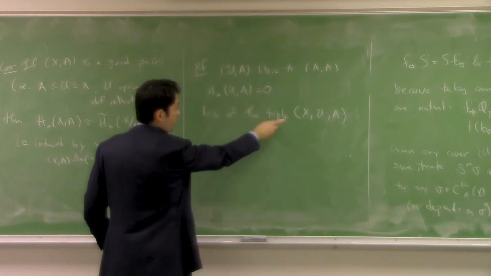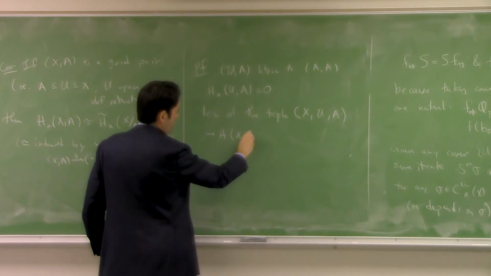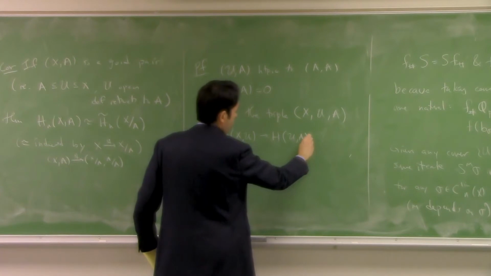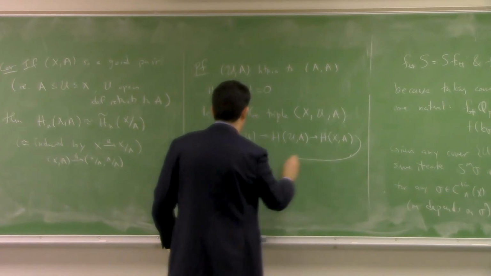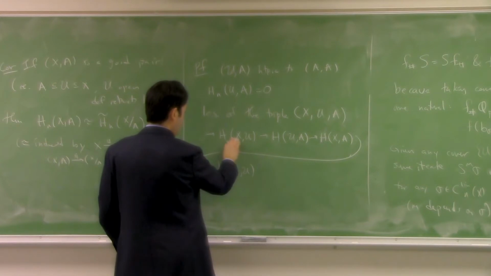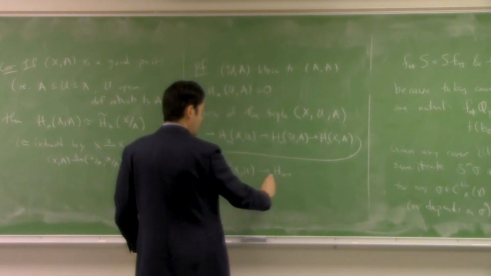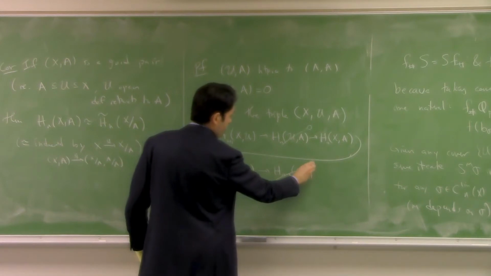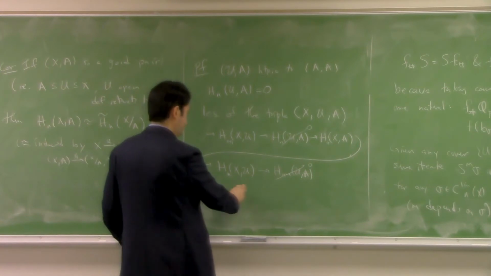Remember, (X, U) maps to (U, A) maps to (X, A) maps back to (X, U), with degrees n plus 1, n, and n minus 1. So if this is 0 and this is 0, then this map is always an isomorphism.